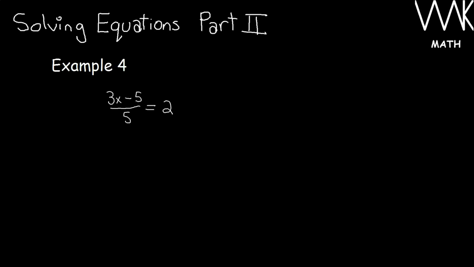So how do we read this? This is another way of writing division. In other words, everything on the top of this giant line is divided by everything on the bottom of this giant line.